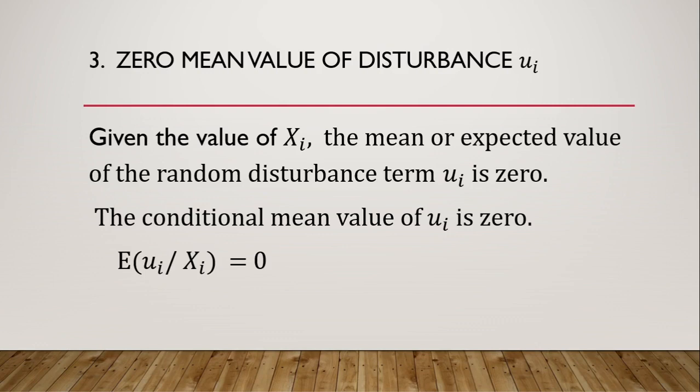That is, the expected value of ui for a given value of xi is equal to 0. This is a very important assumption. This is a stochastic assumption because it is related to the stochastic term u.